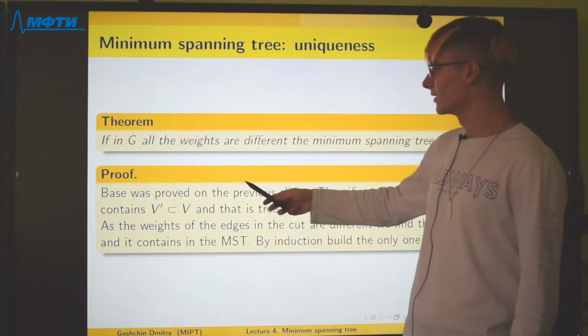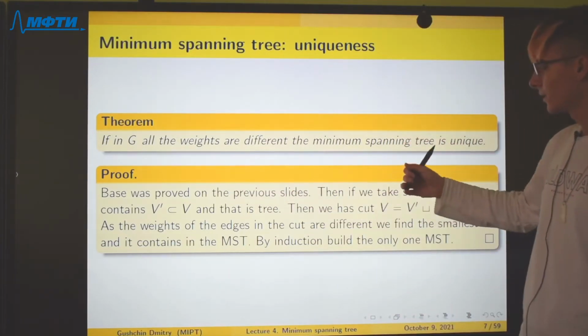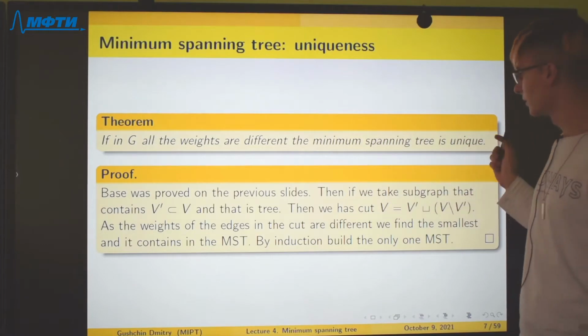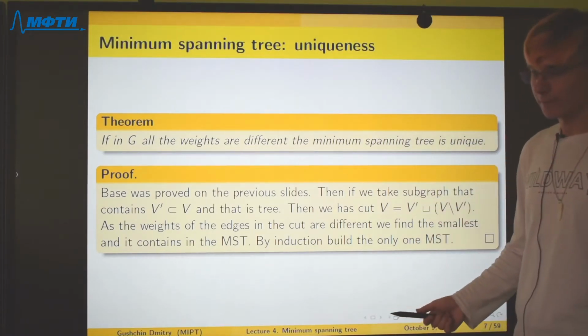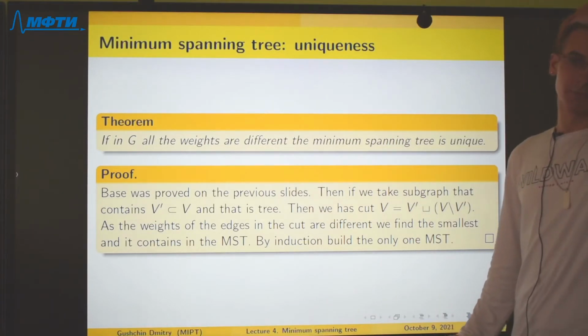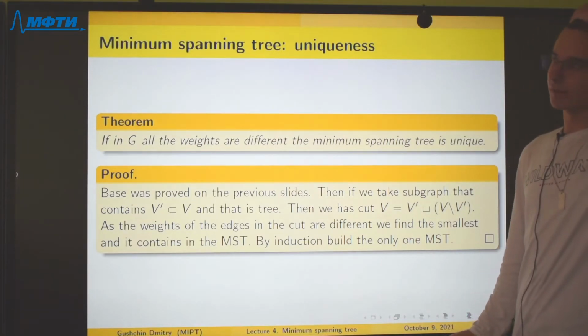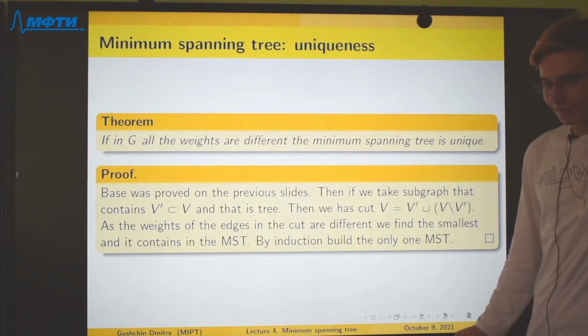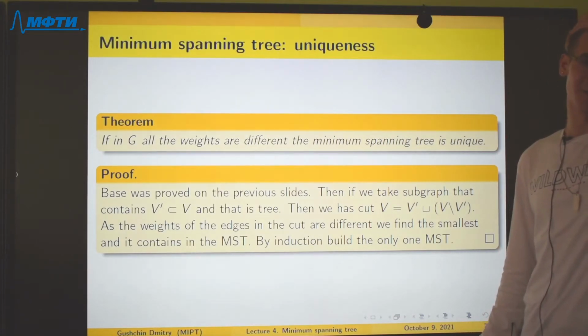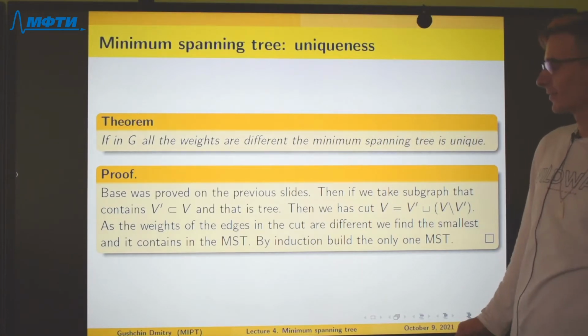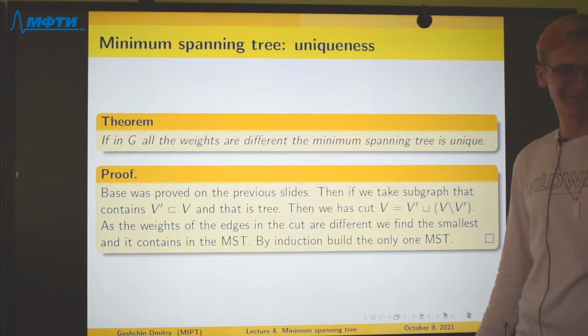And if all the weights are different, then we say that the minimal spanning tree is unique. It is only one in the graph. Why? Why can we say that there is only one minimal spanning tree? Of course, it is simple to imagine, but it may not be simple to prove.